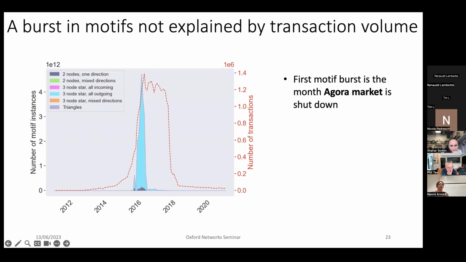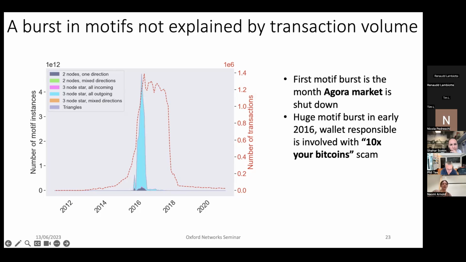That was actually when the Agora marketplace, another dark web marketplace, shut down. So even though the transactions had been steadily increasing in self-pays and donation, it was possibly the Agora market shutting down that coincided with a bit of an increase in some of the motifs.